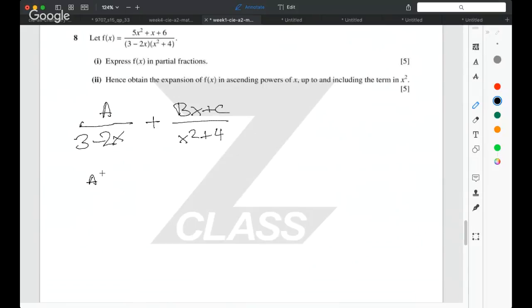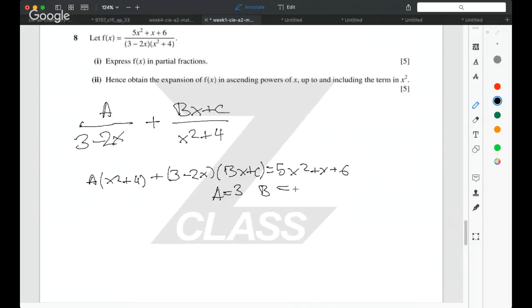So then you have, just by equating the coefficients, and I'll tell you, you get A is 3, B is -1, and C is -2.